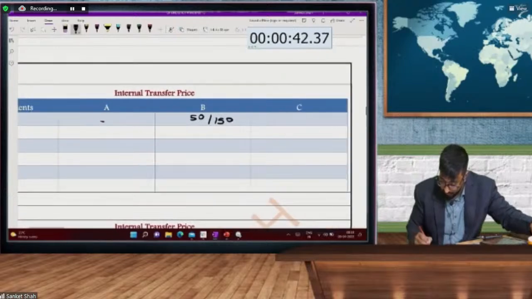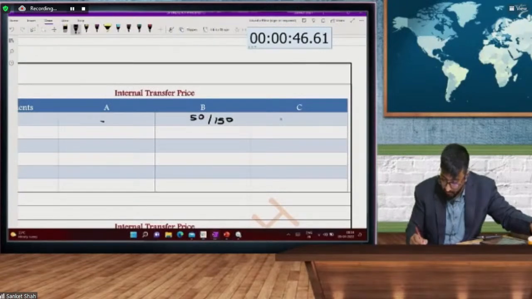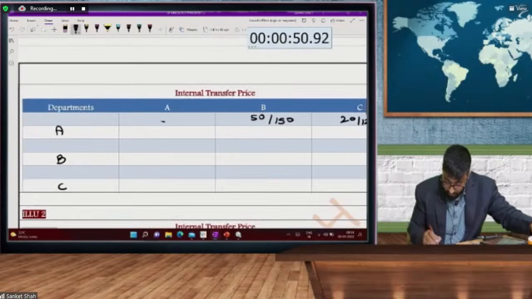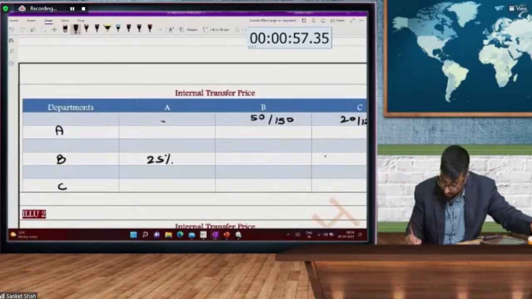Second one, Department C, 20% on cost, 20 upon 120. Then this is 25% directly, and 15%.